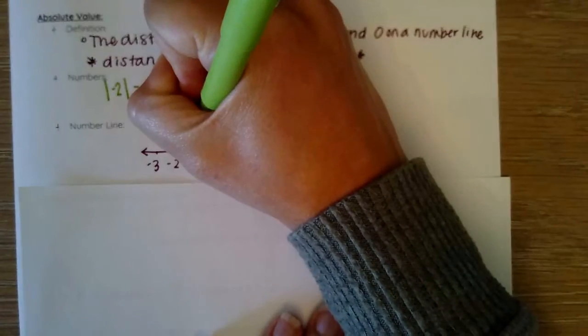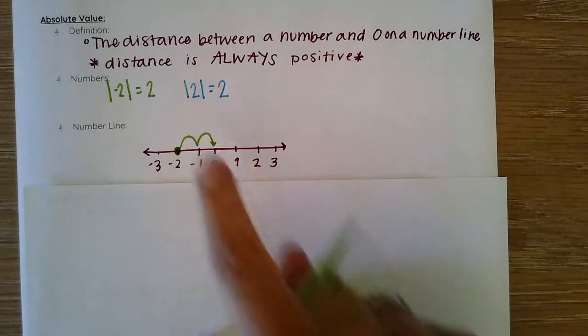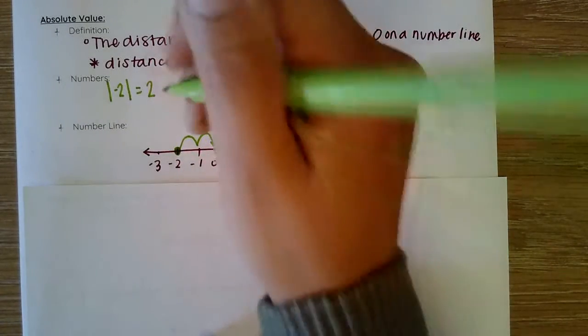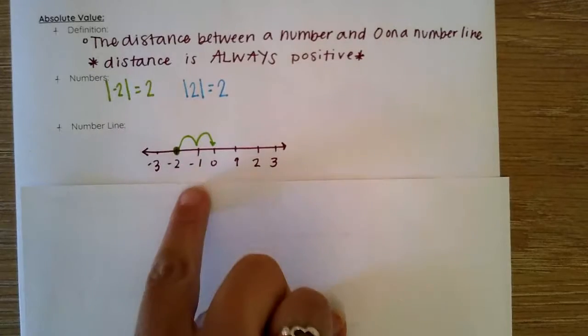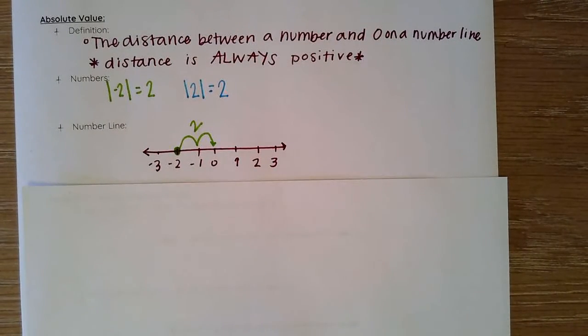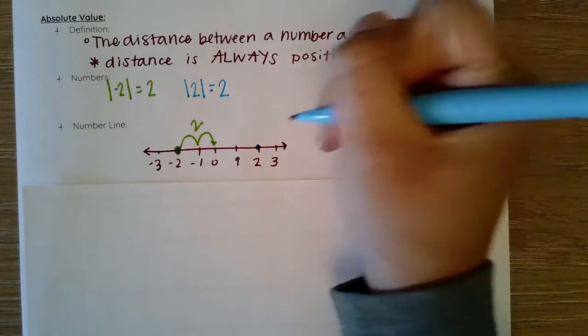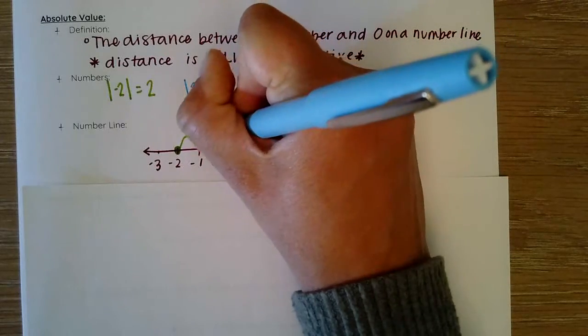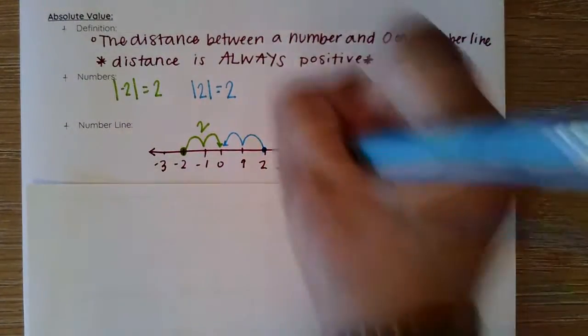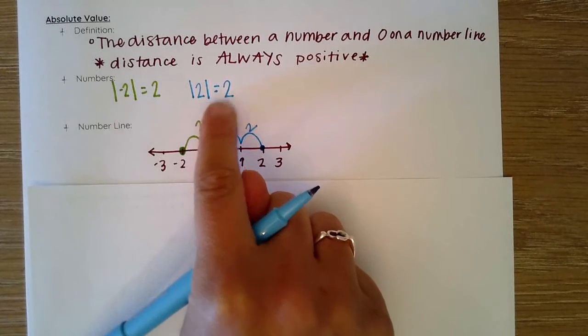Well, it's 1, 2 units. Therefore, the absolute value of -2 is +2. If we look at that +2 and we count the number of spaces that is away from 0, we also have 2. So the absolute value of +2 is also equal to 2.